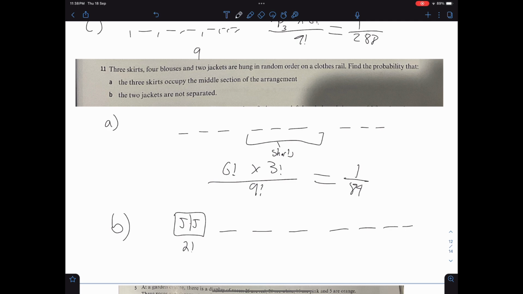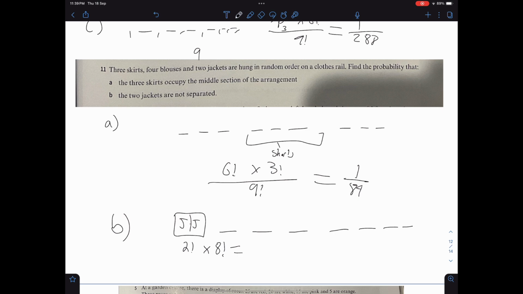And then if you count the set of jackets as one thing, and then all the rest of the items of clothing, you've got 8 things. And you can arrange those in 8 factorial ways. So that's 2 times 8 factorial. It's 80640 over 9 factorial. That gives us 2/9.